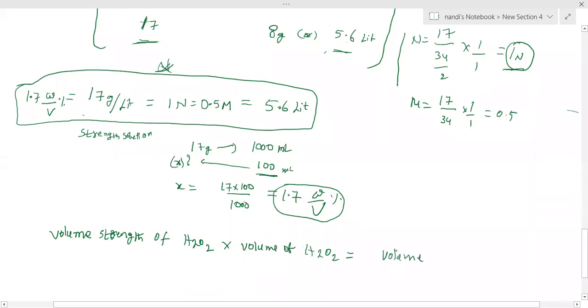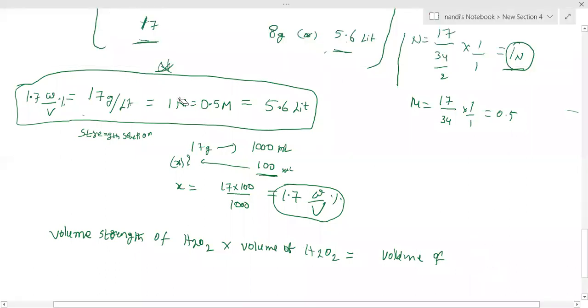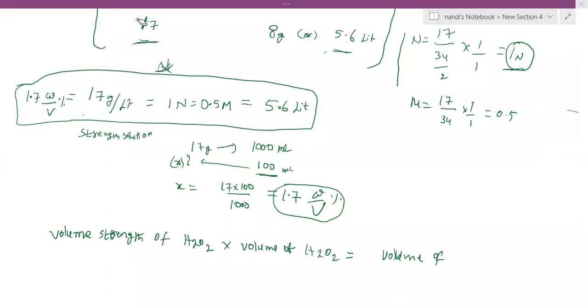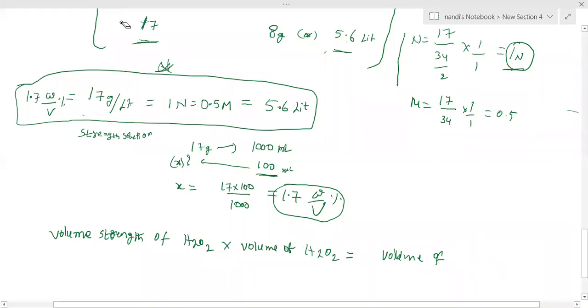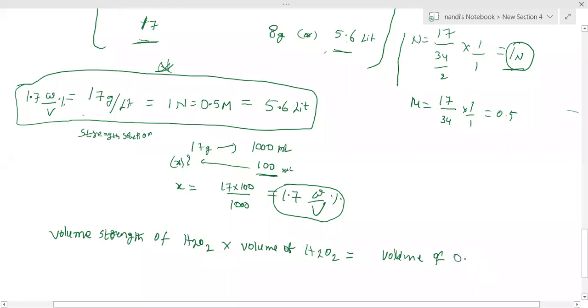I will give the meaning of everything. Sorry, volume of O2, okay? Volume of O2 at STP. Please note down. Volume of O2 at STP. Note down this one more relation also. We will discuss its meaning.